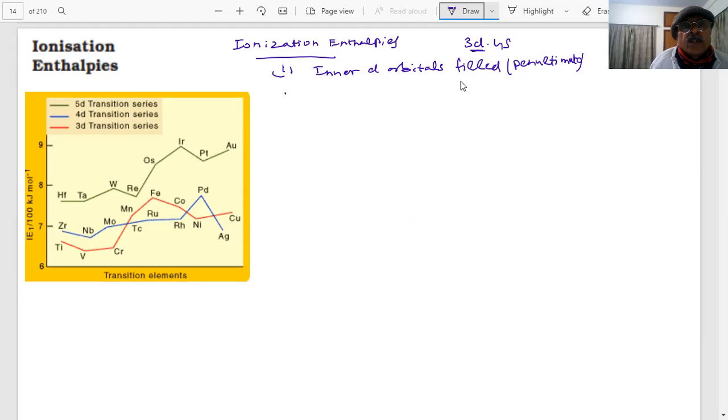So in general, along each series, the ionization enthalpy, IE1, the first ionization enthalpy, increases with slight variations.